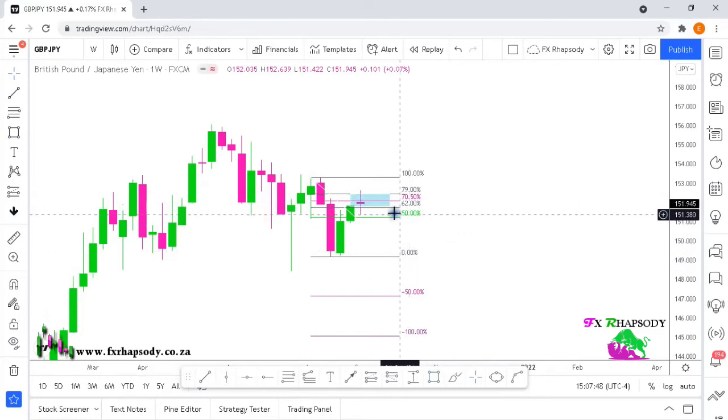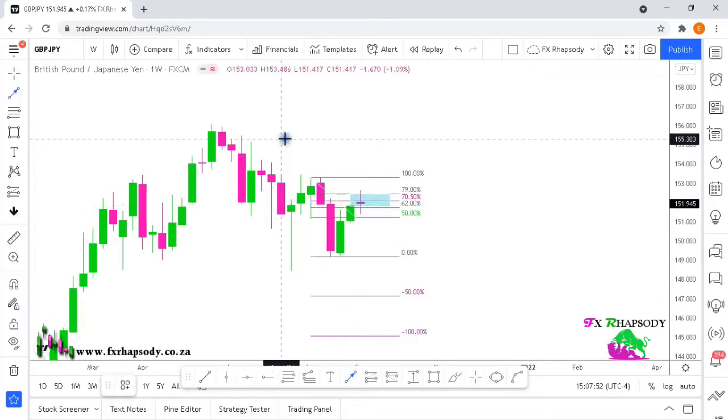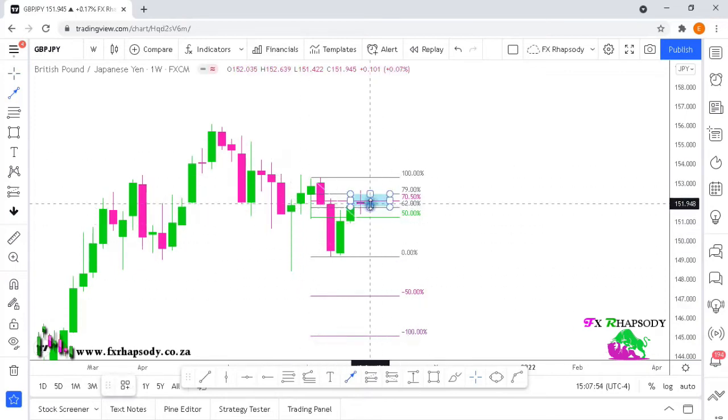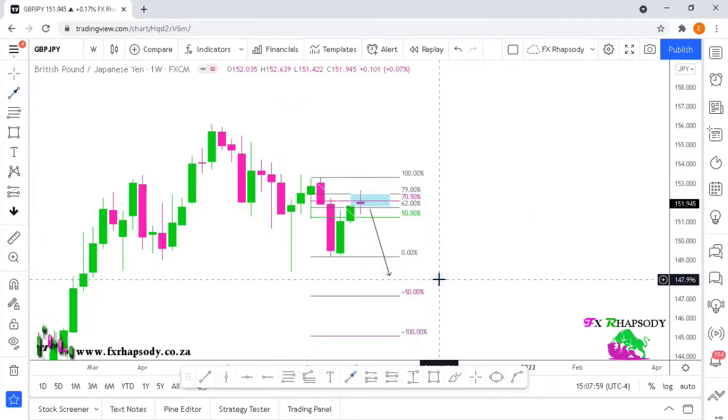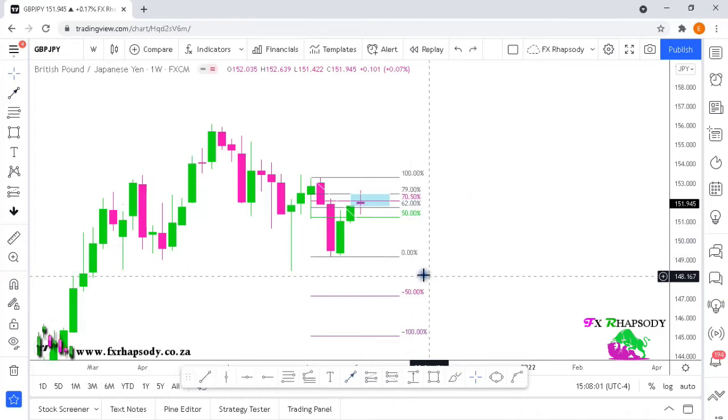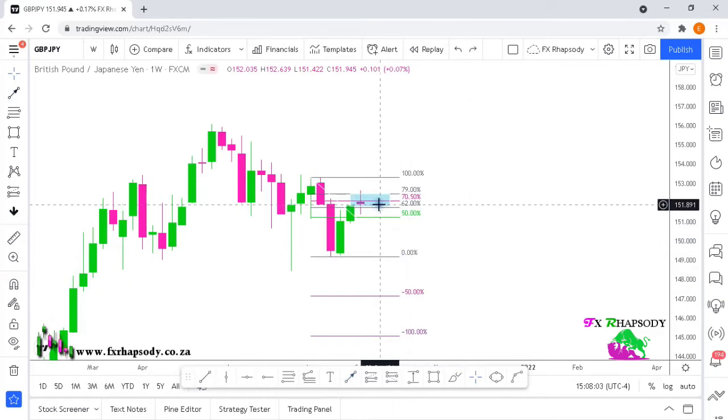It looks like price has created a new lower high, and I think it is time for price to create a new lower low. Again, it's just a bit of a bias that I've got, so let's get more confirmation on that.